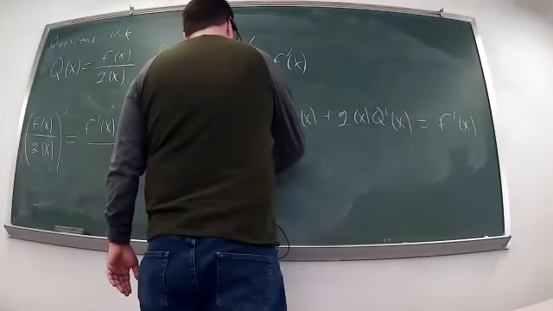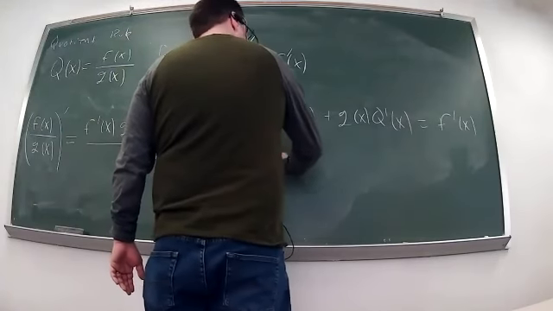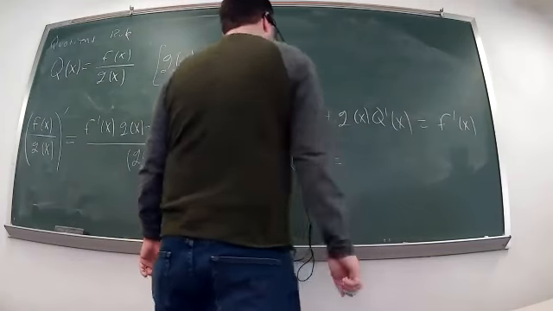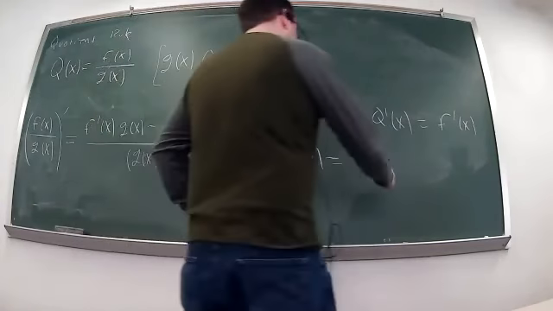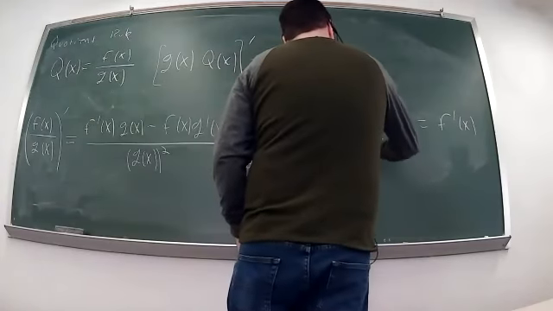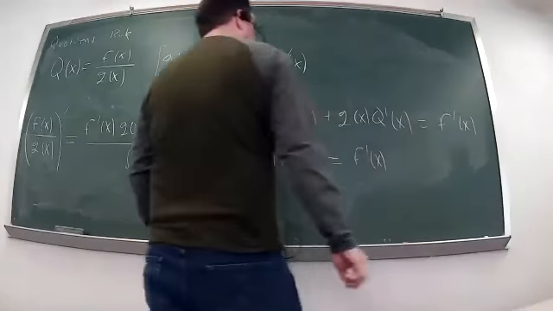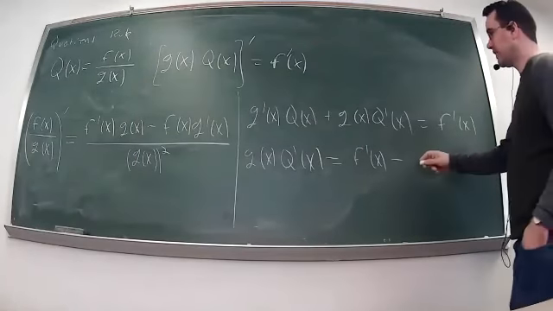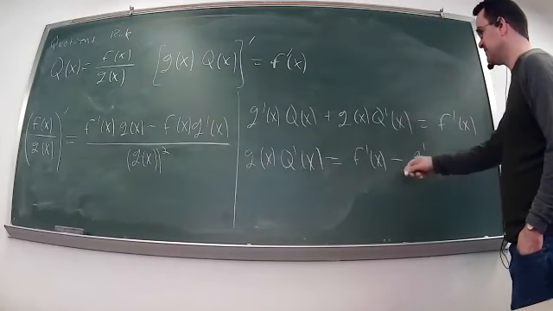So I'm going to get g times q prime of x, and I'll bring this to the other side, equals f prime of x minus g prime times q of x.